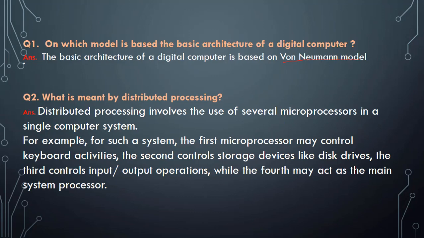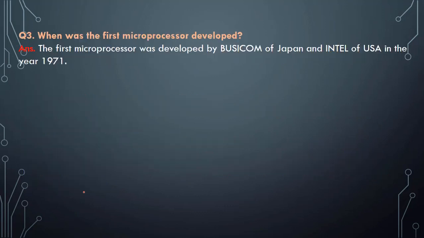For example, the first microprocessor may control the hardware activities, the second may control the storage devices like the hard disk, the third may control the input-output operations, and the fourth microprocessor may control the system processors.